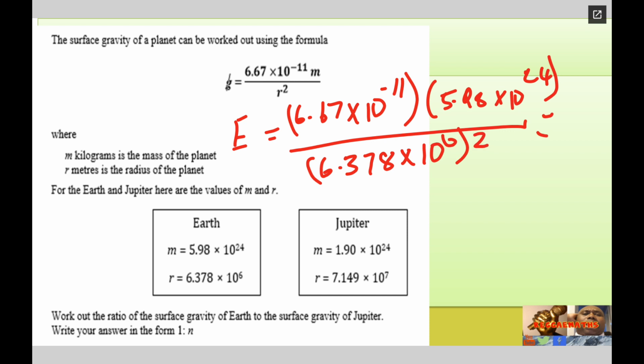All of that in your calculator should give you 9.81.